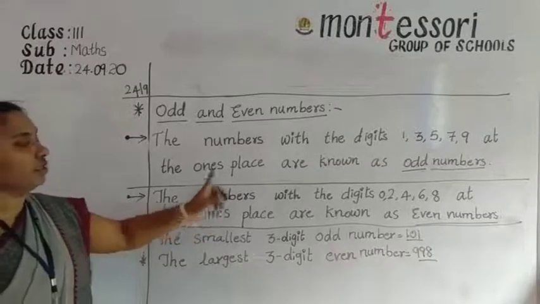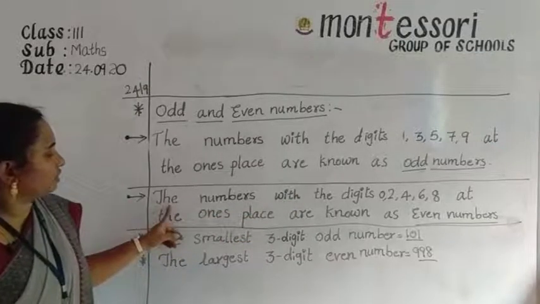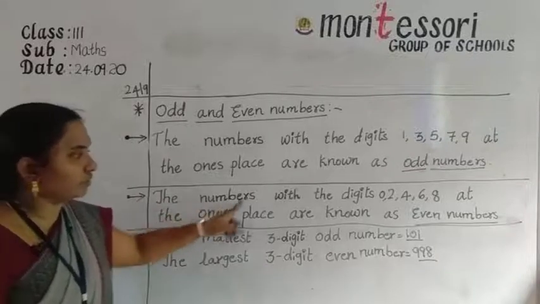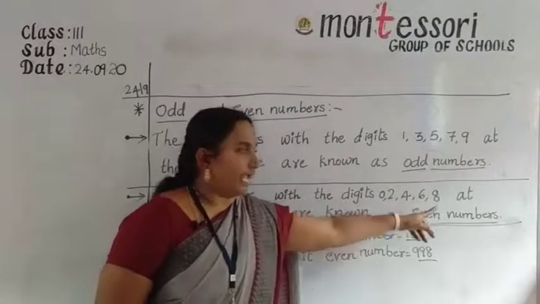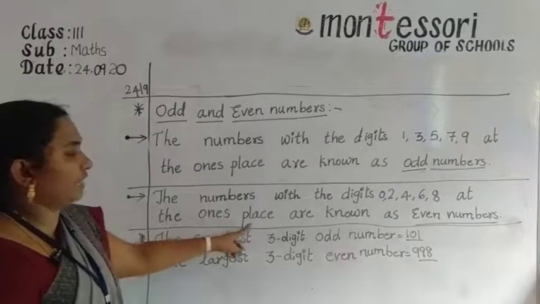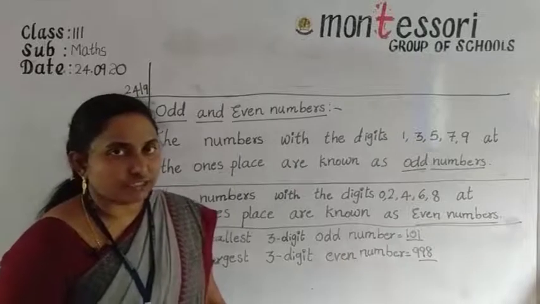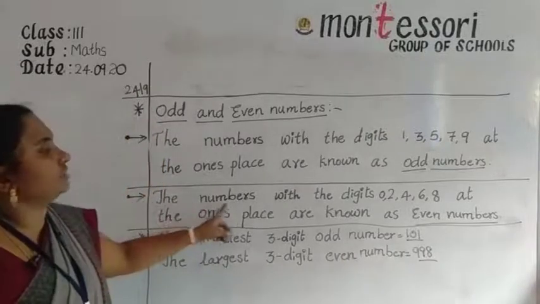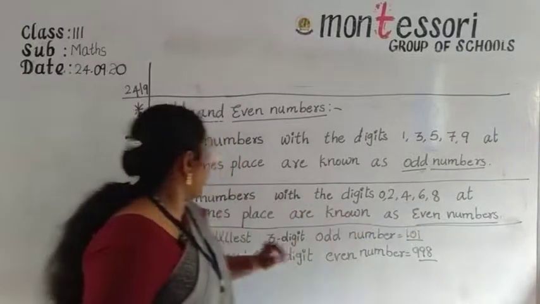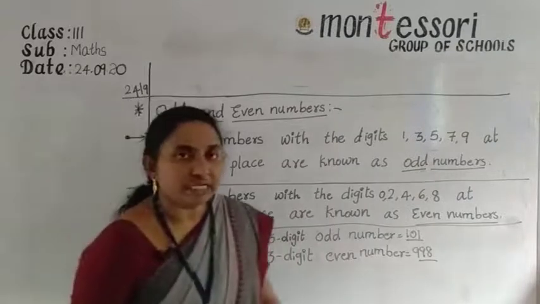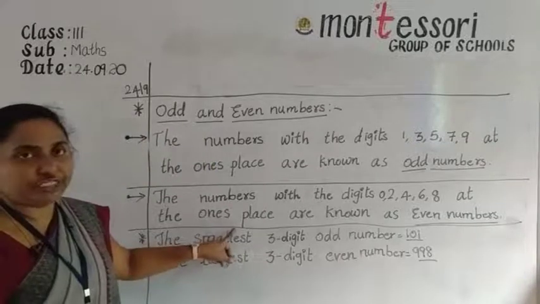Write down in your classwork: the numbers with the digits 0, 2, 4, 6, 8 at the ones place are known as even numbers. Understood all of you? Now finish it, and after finishing, draw the line.